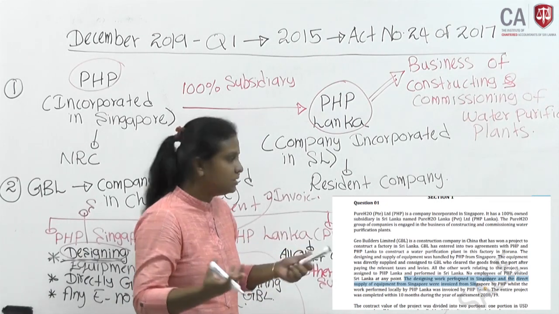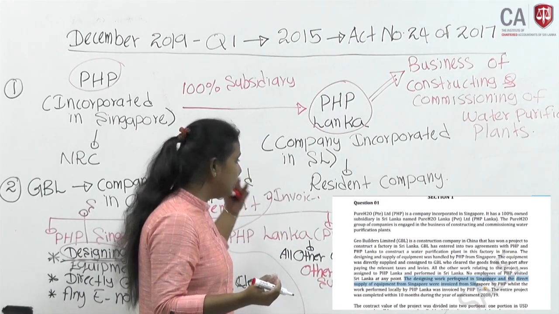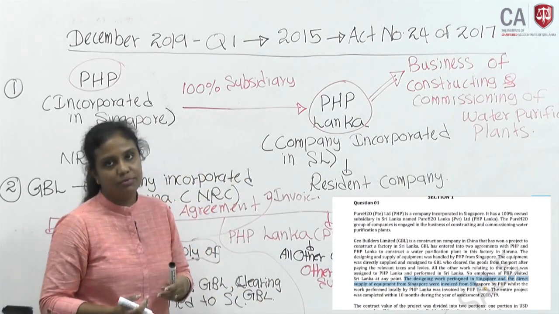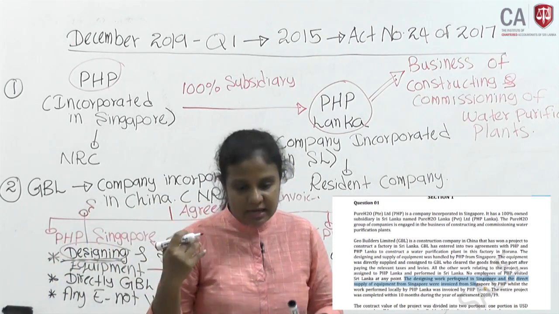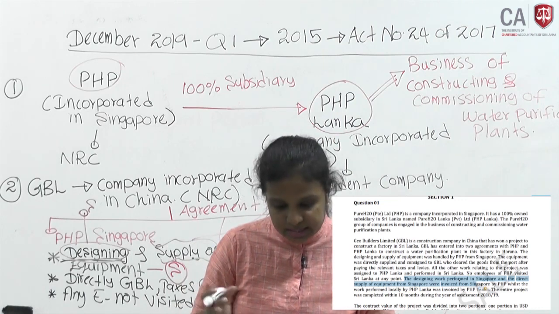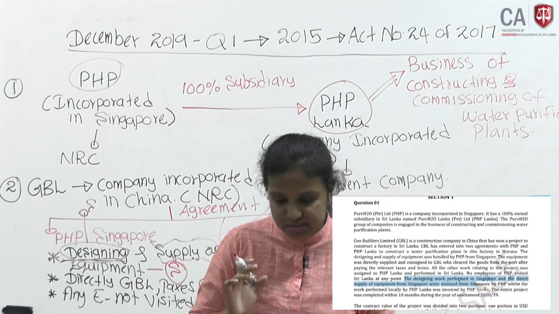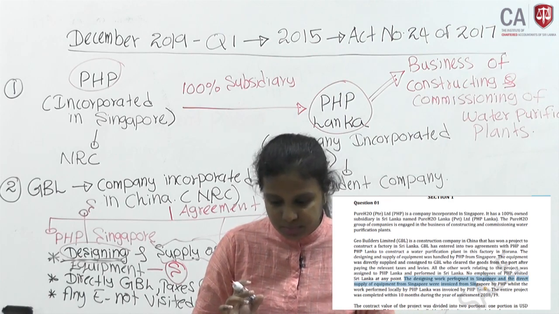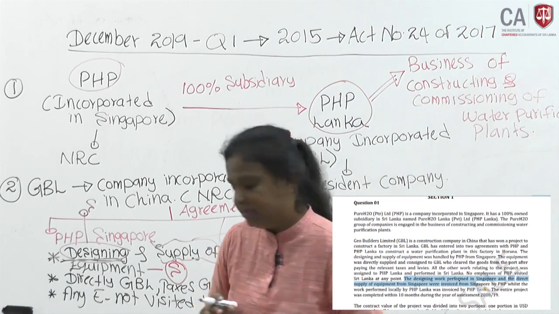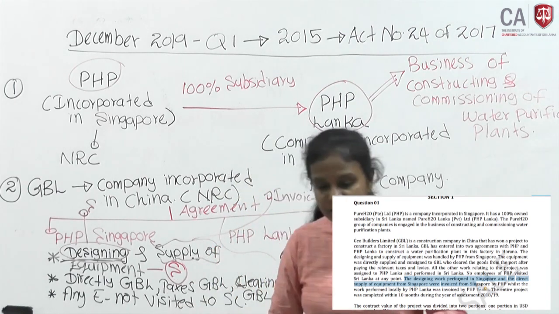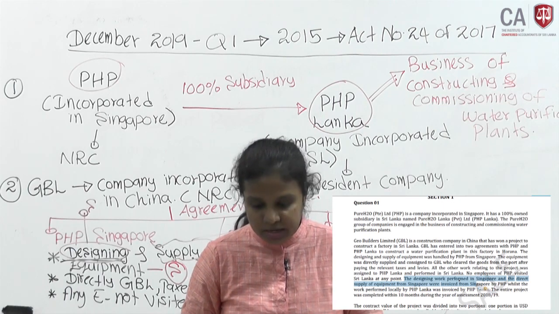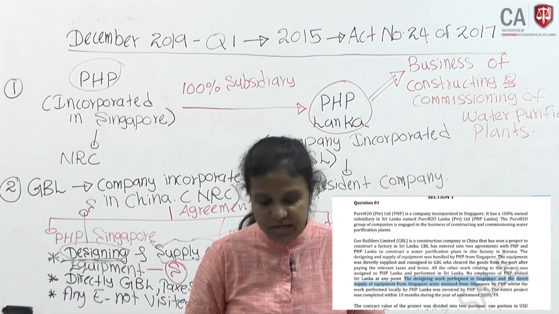The value of the contract has been decided in Singapore, and the invoice is in Singapore. The equipment from Singapore was invoiced from Singapore by PHP, while the work performed locally by PHP Lanka was invoiced by PHP Lanka.